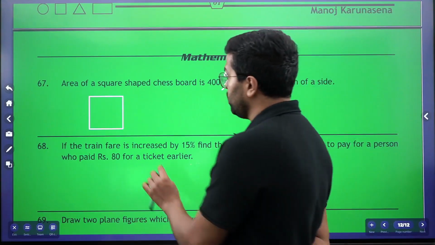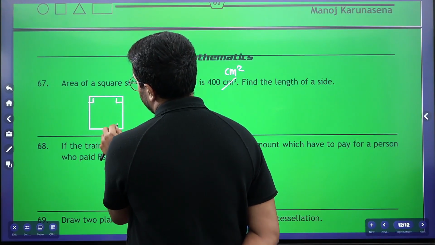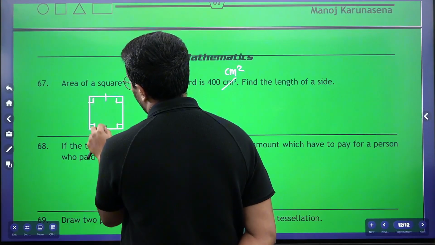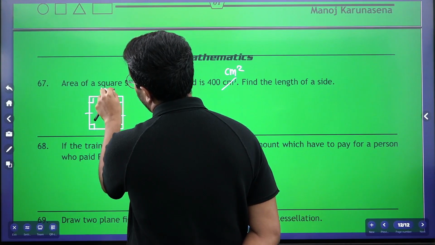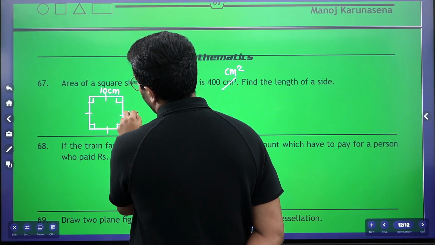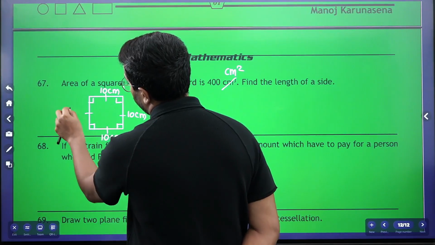Let's consider this as a square. This particular polygon is a square. Let me consider the length of one side as 10 centimeters.